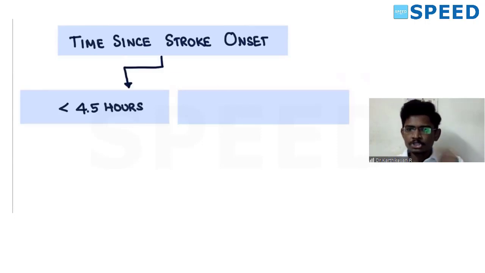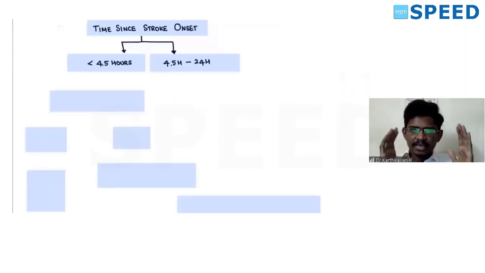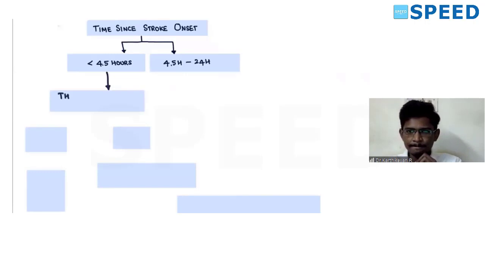Next, in our patient, let's see what is happening. First, a patient has come to you with ischemic stroke. Now, how are you going to manage? First, you are going to see the time since stroke onset.